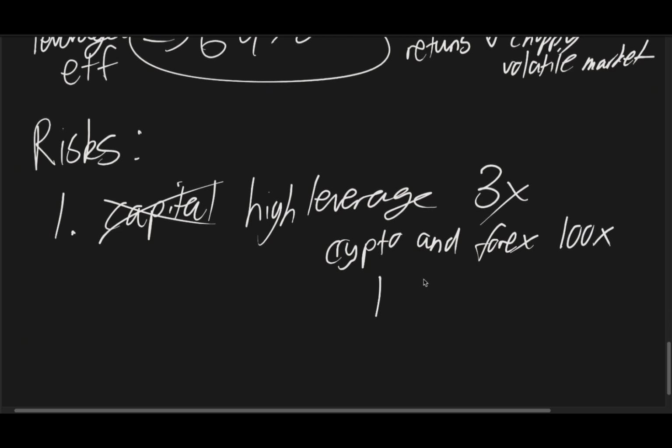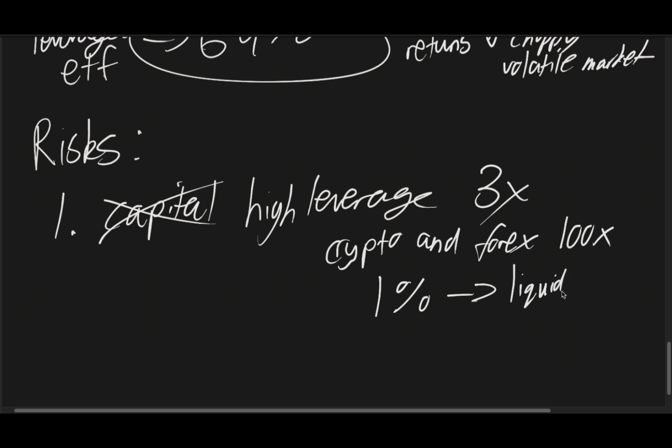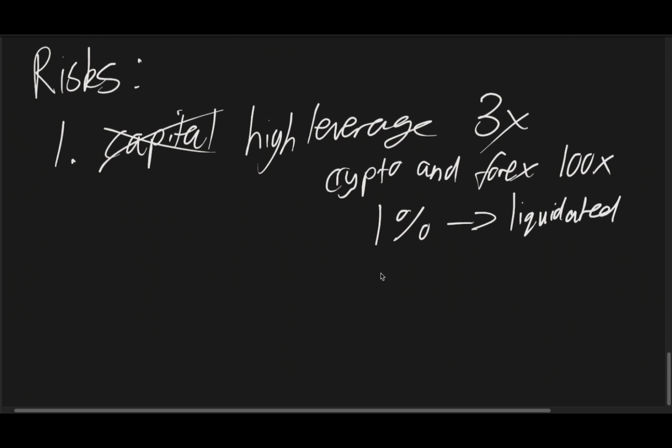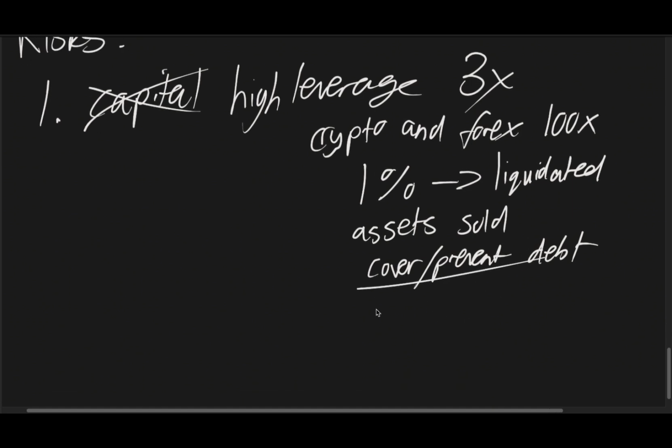This means that a 1% change in the asset leads to your account being liquidated. Liquidated means your assets have to be sold to cover or prevent debt, because you are borrowing the broker's money.